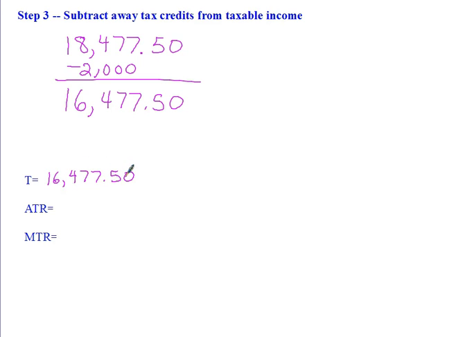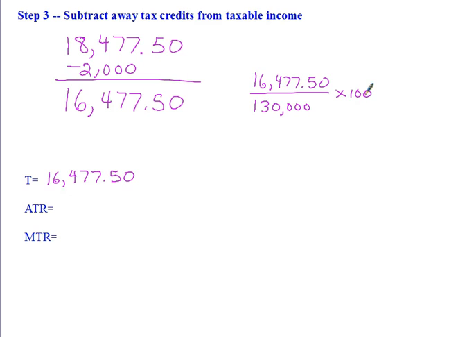$16,477.50. My average tax rate is I take that $16,477.50 and I divide it by my gross income, which was $130,000. That was their starting income at the beginning, multiplied by 100.